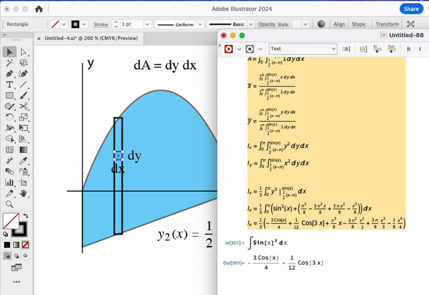And that's the last term. I still have to evaluate that between 0 and pi, like that. This is why you do things on the computer, so you don't have to do your calculus by hand.